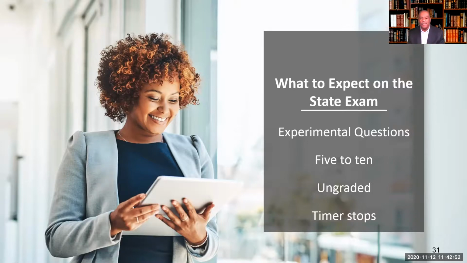They're not highlighted as experimental questions, but they will add to the total number of questions. So do not be alarmed if your exam has 5 to 10 additional questions. These are experimental questions, and they do not affect your grade, nor do they affect the amount of time it takes for you to answer the exam.